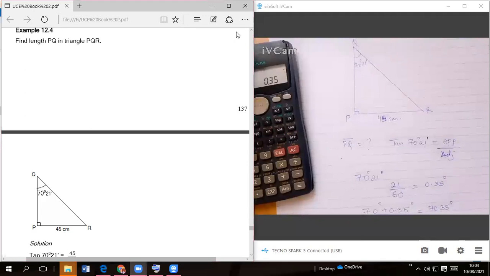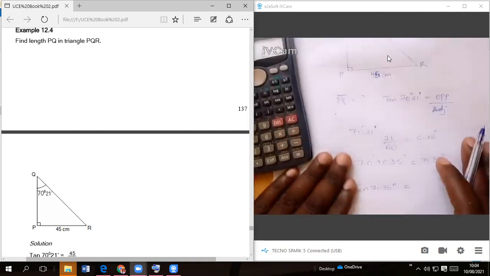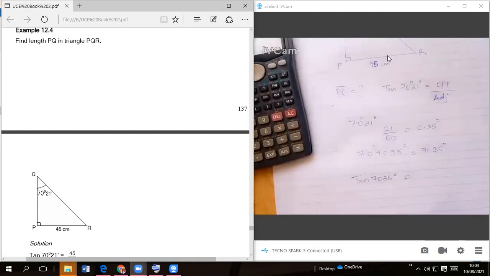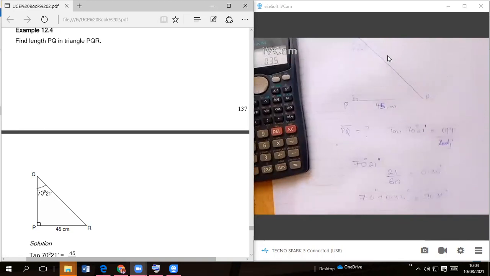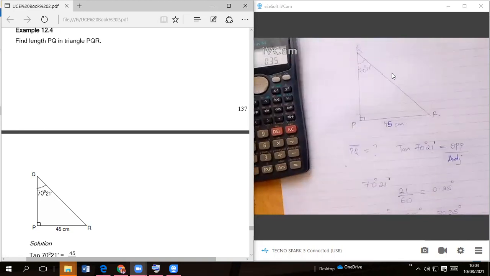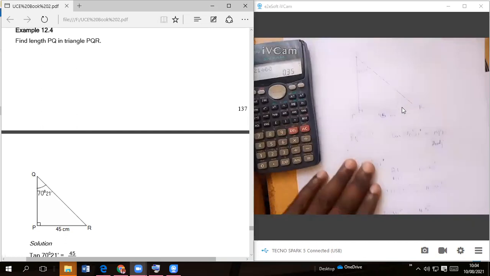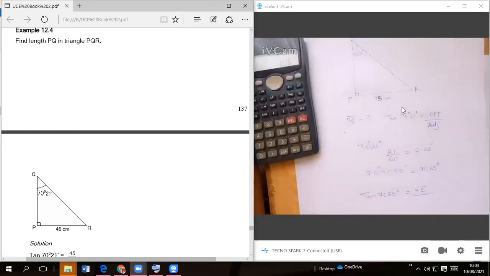Anyone who knows? What's the opposite, members? 45, which is PR. We shall have the opposite, which is 45, divided by the adjacent, and the adjacent is PQ. So over PQ.